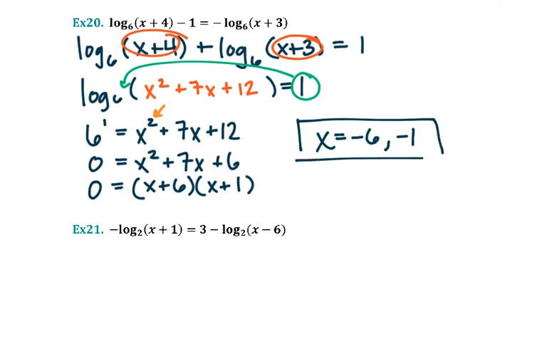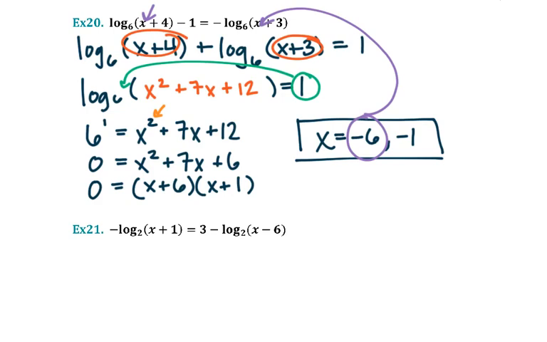But we still need to check. Just because they're negative doesn't mean I have to throw them out. We know we have to take the log of a positive value, something greater than 0, but it doesn't mean x can't be negative. So we want to look at what happens when I plug -6 or -1 in.